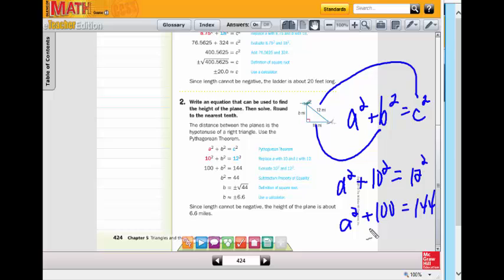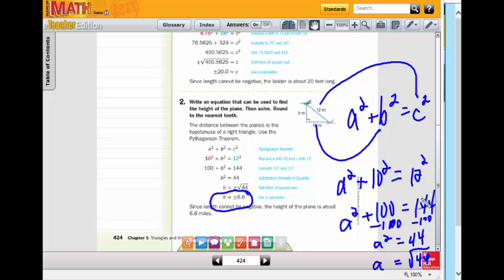So we have a squared plus 100 equals 144. That means if we subtract 100 from both sides, we will have a squared equals 44. We need to take the square root of that, and a equals the square root of 44, which is about 6.6. Another thing you can do here is to think about what we ended up doing.